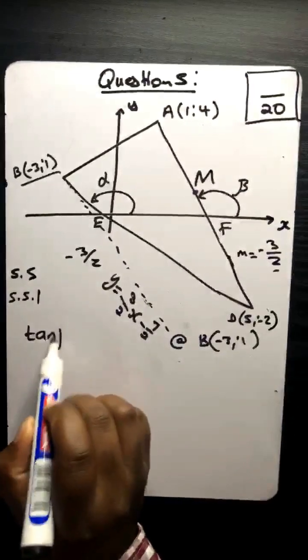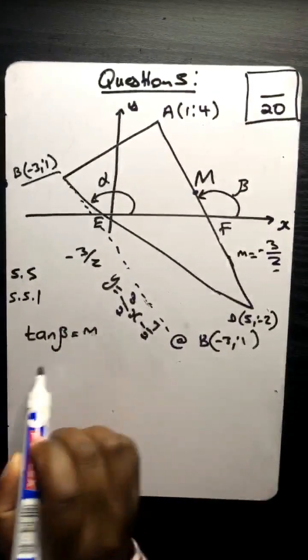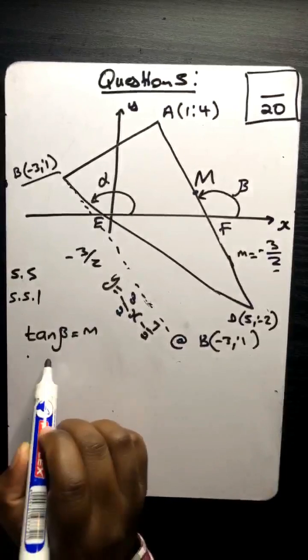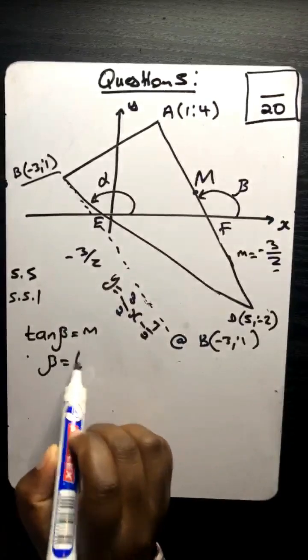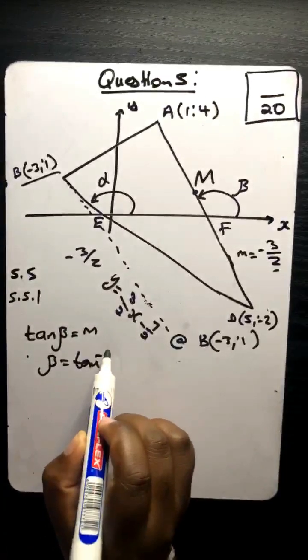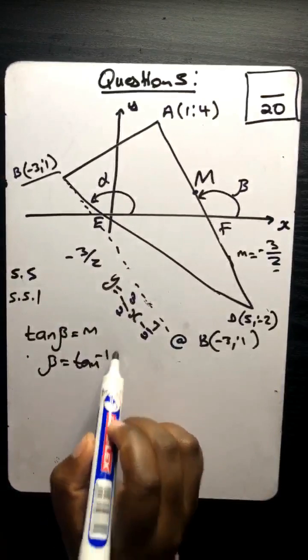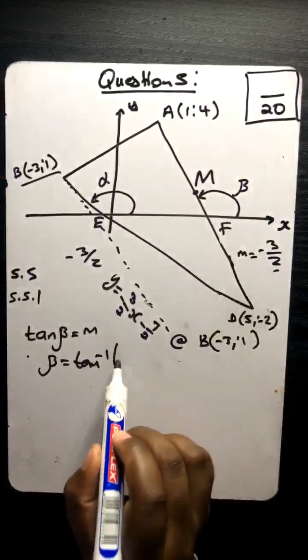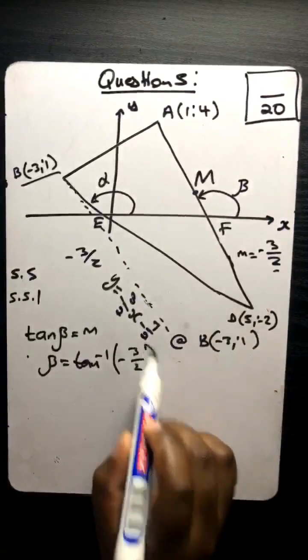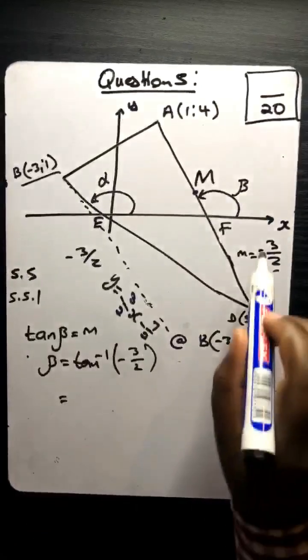You know, when angles are involved, you need to remember this formula. So that means already we know that beta is going to be equal to the inverse tan function of the gradient. What is the gradient? It's negative 3 over 2. What is that answer there?